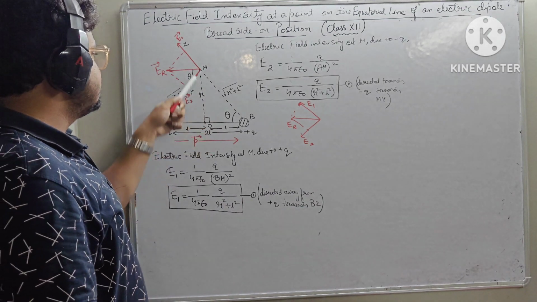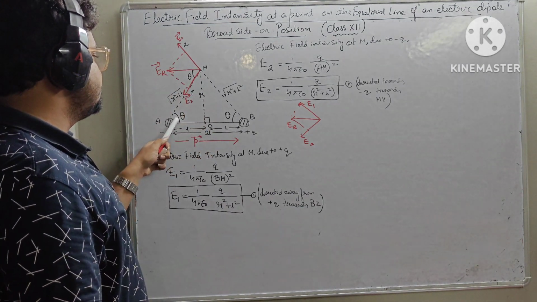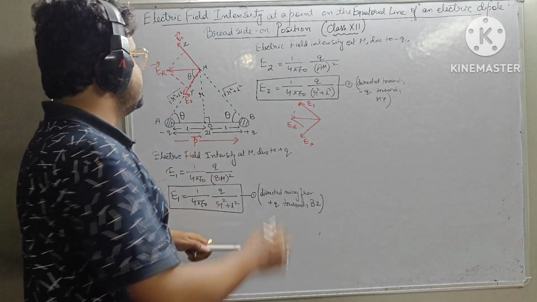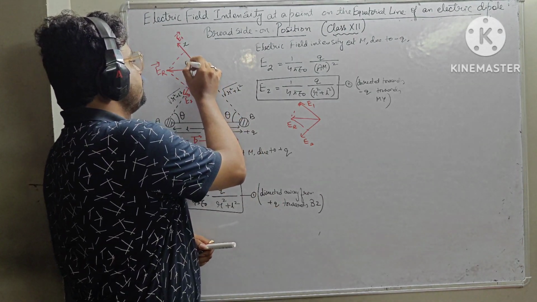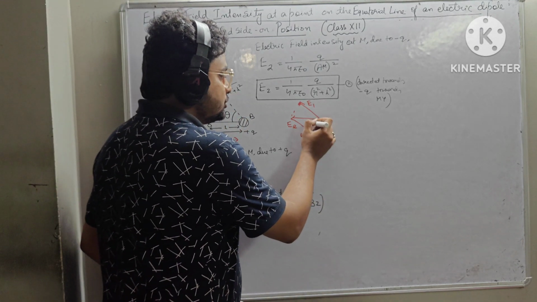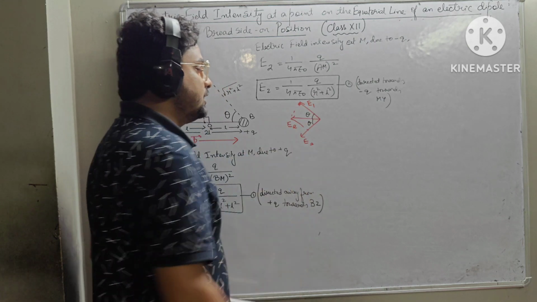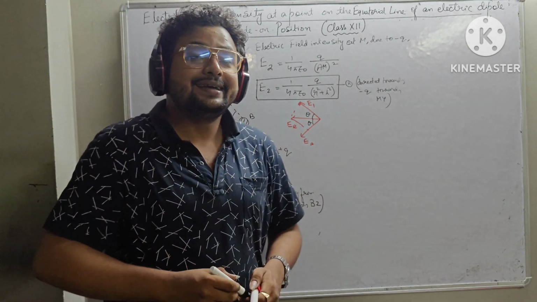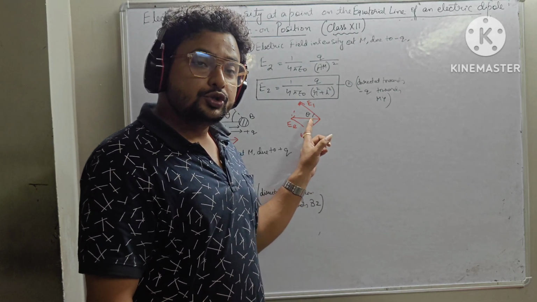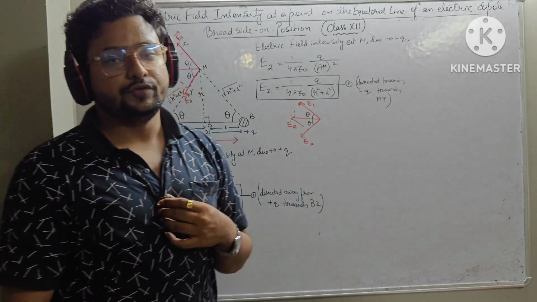This line is going to be parallel with this line. And if this is theta, this angle is also theta, because these two are corresponding angles. So if I ask you what is the angle between the two vectors? 2 theta, right? So 2 theta will be the angle between the two vectors.